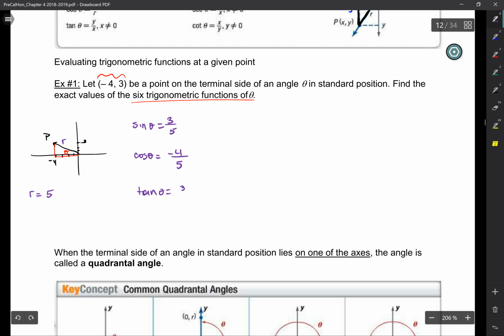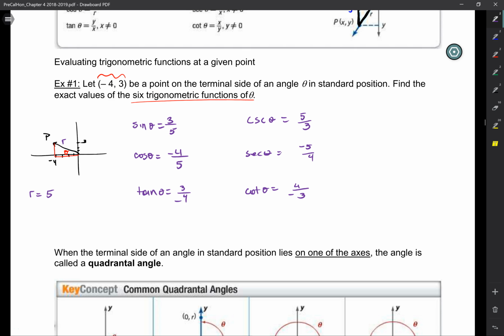So 3 over -4. And from that, can we figure out cosecant, secant, and cotangent? It's just the reciprocals. Yes. Okay.